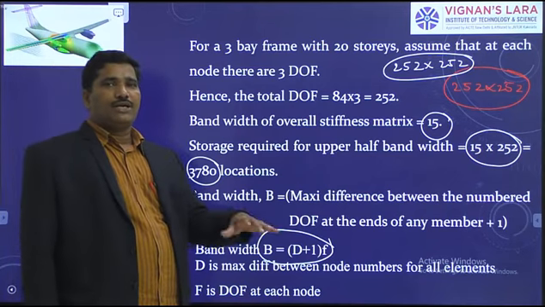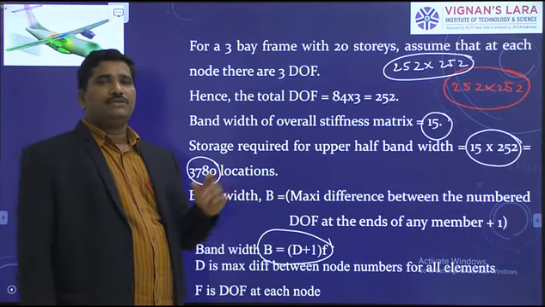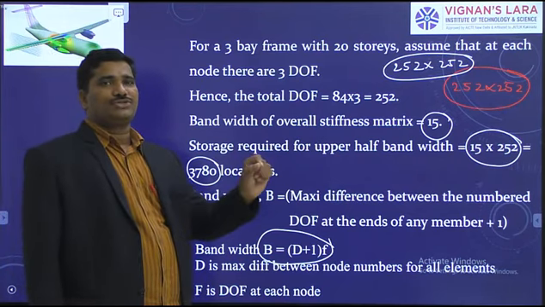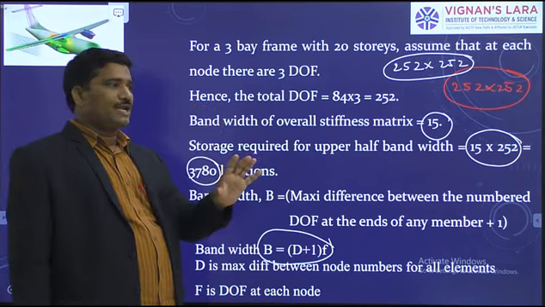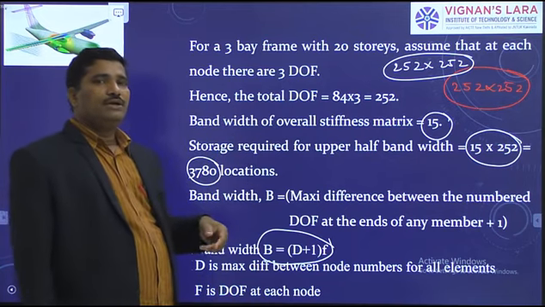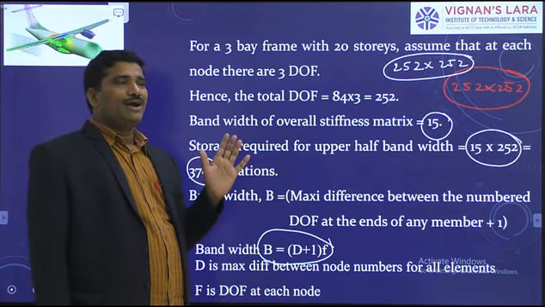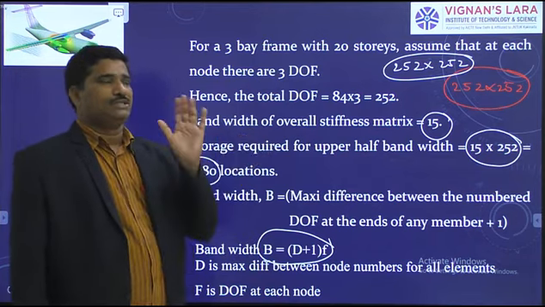Dear students, what have we learned today? We have seen locating the nodes when a structural member carries several nodes. We have seen locating the nodes when the cross-section area is abruptly changing.